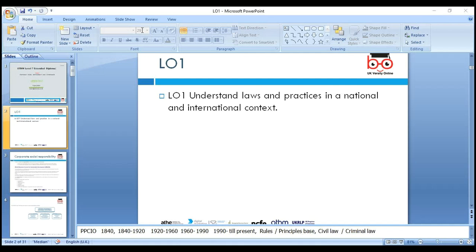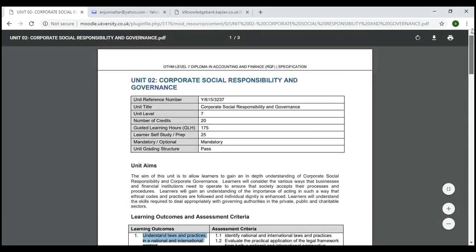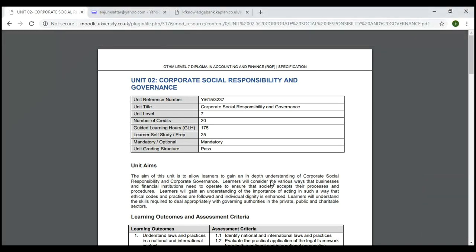So before starting our lesson, we'll have a bit of a recap, and we'll go through the course contents and recap what you learned in other units. Few elements are related which I delivered to you before. So unit 2, corporate social responsibility and governance.